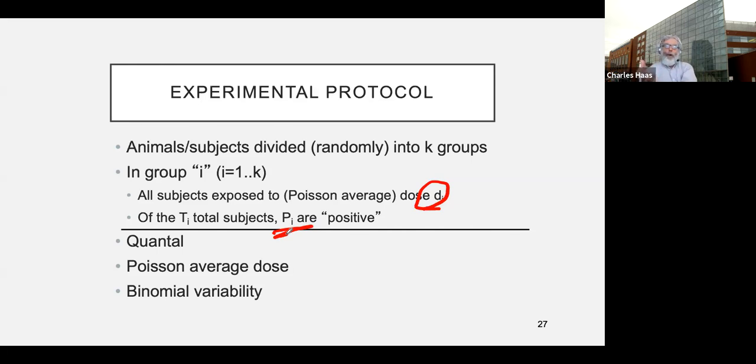I'm assuming a Poisson average dose between subjects, and then I'm assuming that the response of each subject in a dose group is independent and identical to the response probability of the other subjects in the dose group, which leads to binomial variability within the dose group.